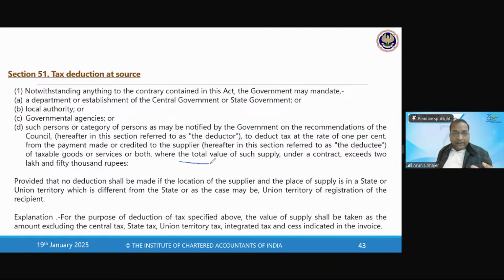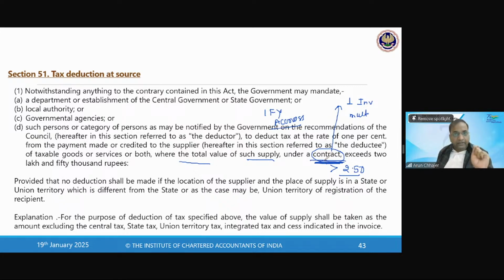So TDS would be deducted if the total value under the contract exceeds 2.5 lakh. Please note that this is the contract amount. It can be one invoice, it can be multiple invoices, it can be within one financial year, it can be different financial years. मैं सिर्फ ये कहना चाहता हूं कि they are giving 2,50,000 and the 2,50,000 is the contract amount.